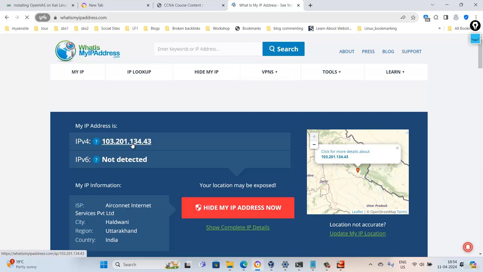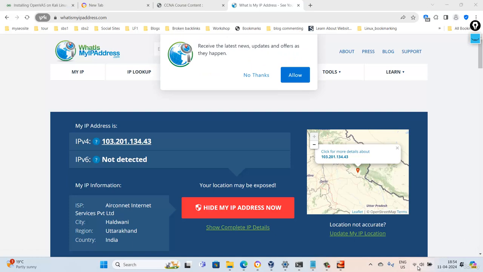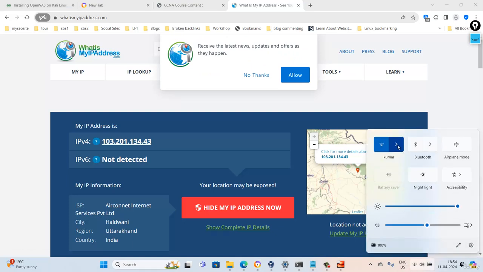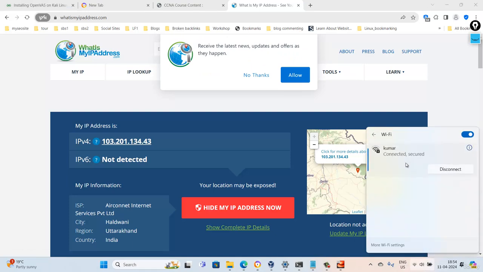On my virtual machine, and on my mobile device, if it is connected to the Wi-Fi, here you can see I am connected with this Wi-Fi SSID Kumar. Any device connected with this router will have the same IP address.